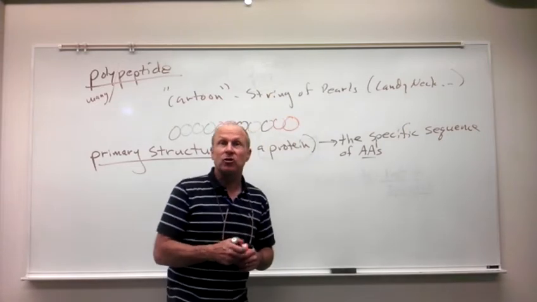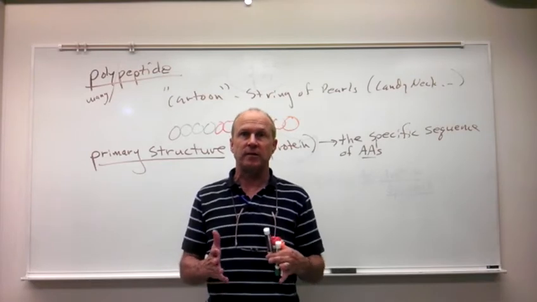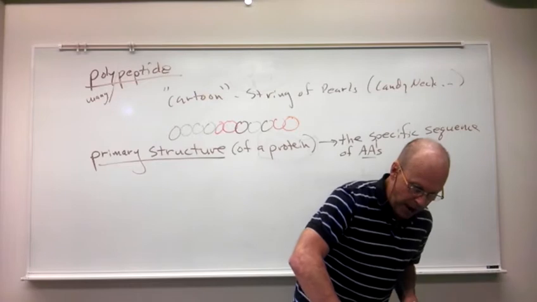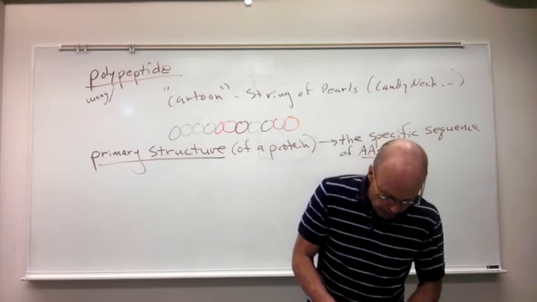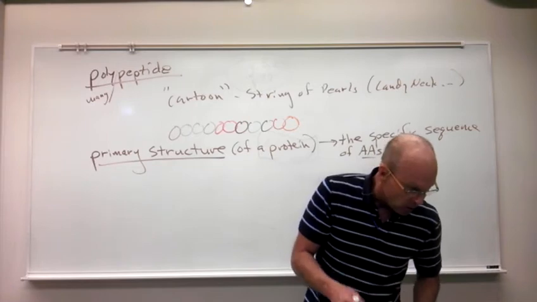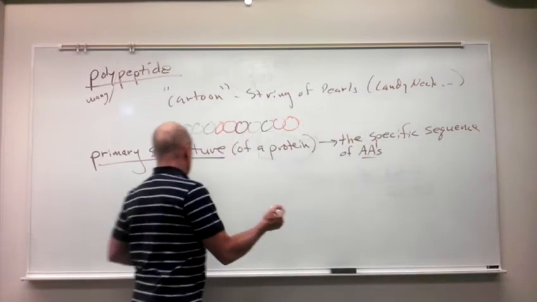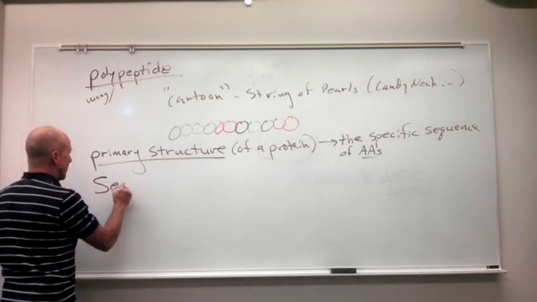The secondary structure happens when something that you're very familiar with takes place, called hydrogen bonding. If you turn the page in your book and go to page 49, you're going to see something pretty cool in the secondary structure. So there's primary structure. What is secondary structure?